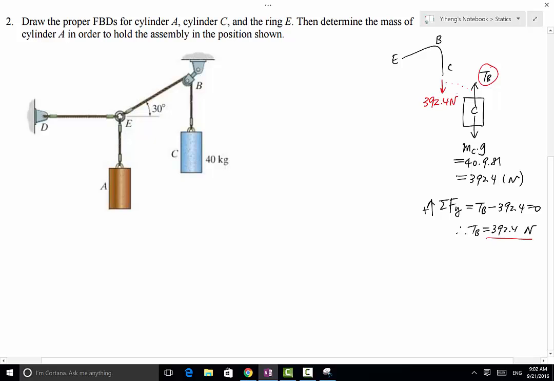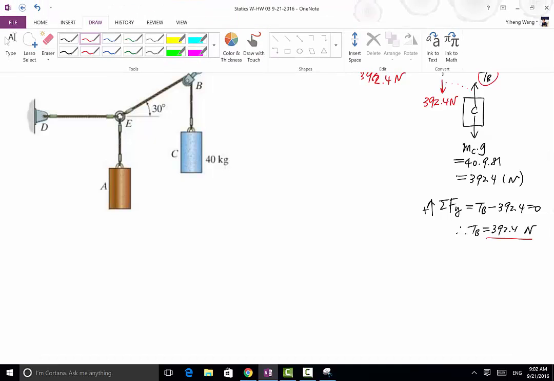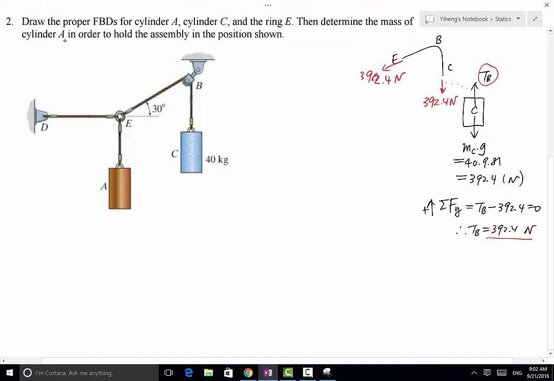And there's something else we know about cable. If we have a continuous frictionless cable, then the tension force developed everywhere in the cable is the same, and the direction is always along the orientation of the cable. Therefore, here we will have the same tension force, 392.4 Newton. And this force is action and reaction with this force right here.